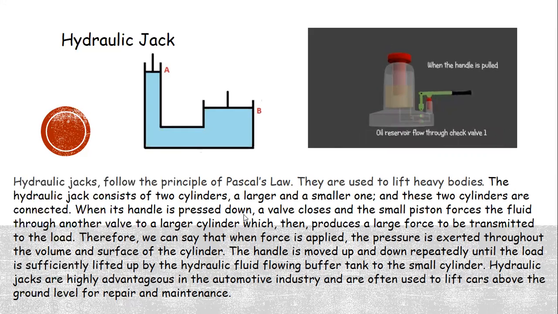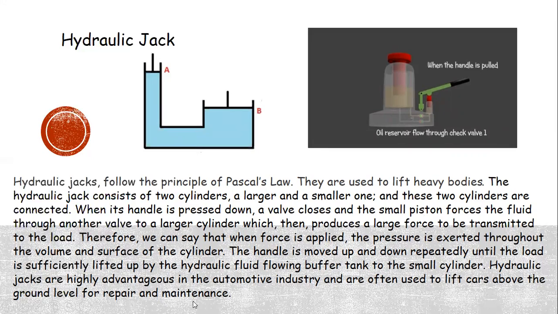When the handle is pressed down, a valve closes and the small piston forces the fluid through another valve to a larger cylinder, which, because the pressure is transmitted equally, produces a larger force transmitted to the load. Therefore, we can say that when force is applied, the pressure is exerted throughout the volume and surface of the cylinder.